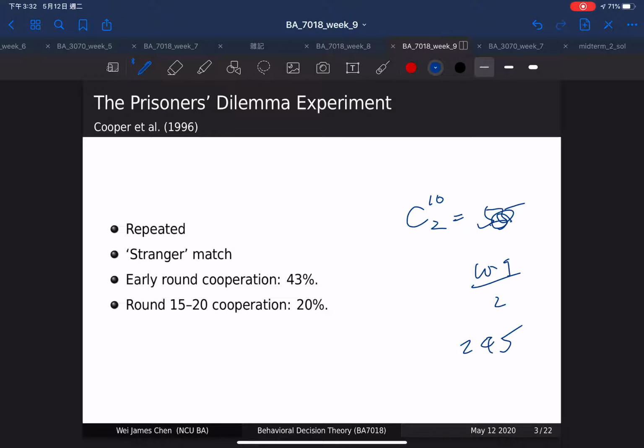But what they found in the experiment is that in the early rounds, the cooperation rate is 43%. In the early rounds, there's a lot of cooperation. They only play 20 rounds. In rounds 15 to 20, the last 5 rounds, this is also called the endgame effect.